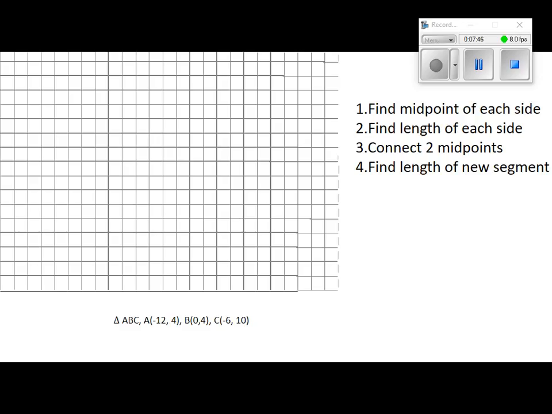Find the midpoints of those two segments, segment AB and segment CB. Find the midpoints using the formula. Give you a couple minutes to do it. Plug in your X's, plug in your Y's.